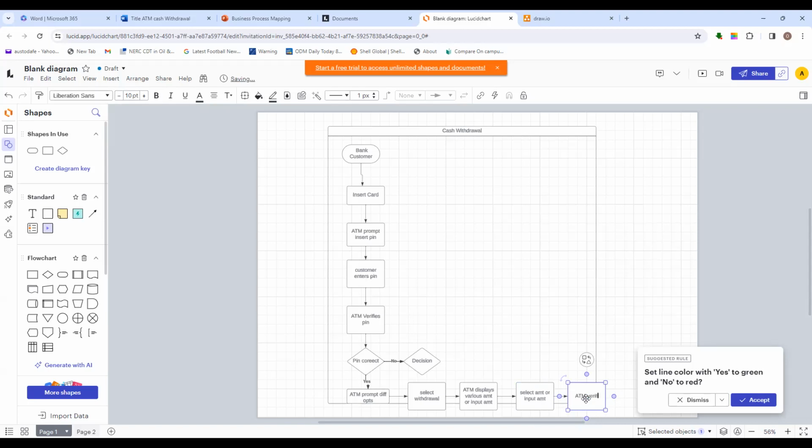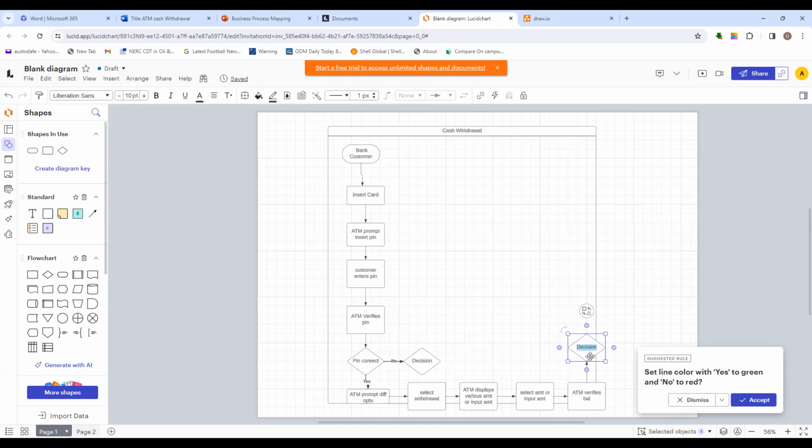Verifies balance. This should be a decision, so the next one will be what? If yes, pay. It's still on that same step, so it should be a decision. After verifying, we now come to a decision.